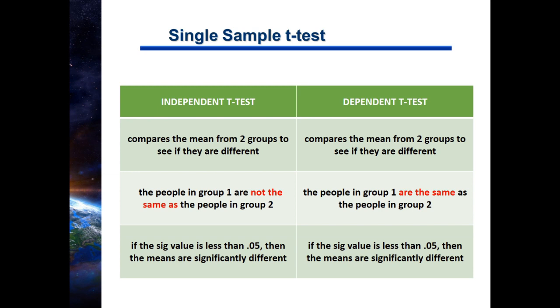Then we looked at the independent t-test and we talked about how with this test, you're comparing two means, two X bars. One comes from one group and the other mean comes from another group. All right, so the distinction between the independent t-test and the single sample is that with the single sample t-test, you only have one set of raw scores, whereas with the independent t-test, as well as the dependent, you have two sets of raw scores.